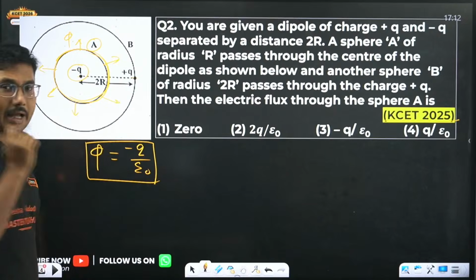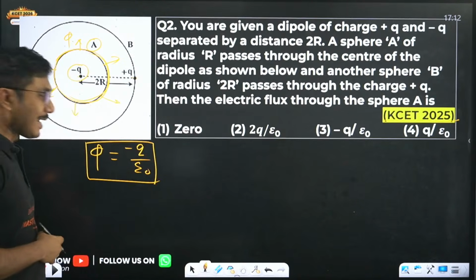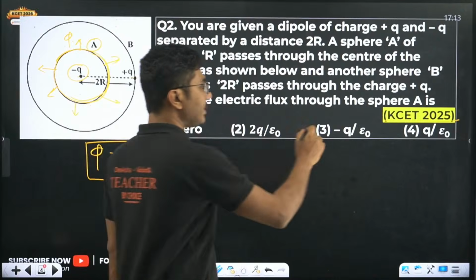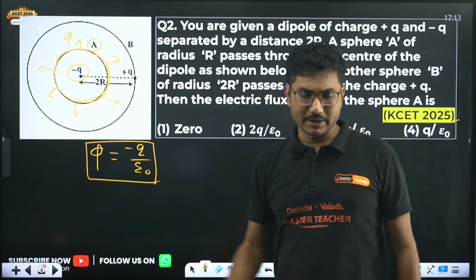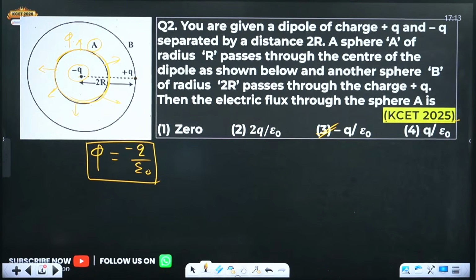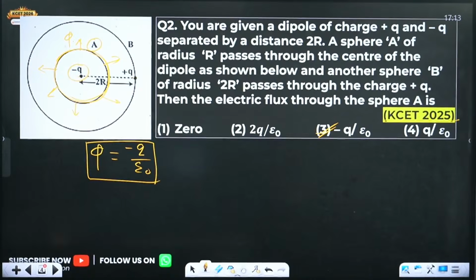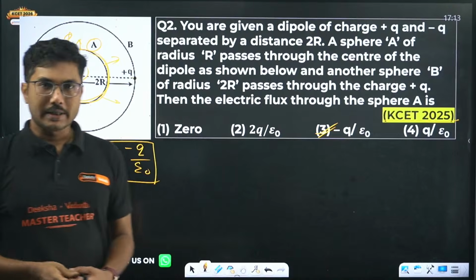The electric flux is phi equals minus q by epsilon naught, because the charge inside here is minus. Just a second. Focus was slightly off. Now I think it's fine.